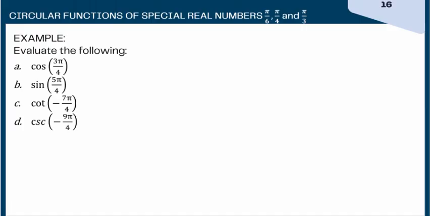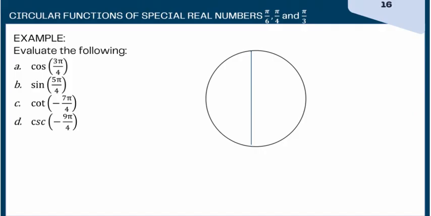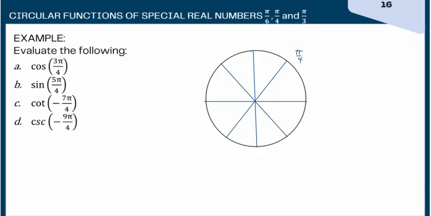if we have a circle, we are going to subdivide it into 4 equal parts again. Meaning this is pi over 4, this is 3 pi over 4, this is 5 pi over 4, this is 7 pi over 4, and this is going to be square root of 2 over 2, square root of 2 over 2.